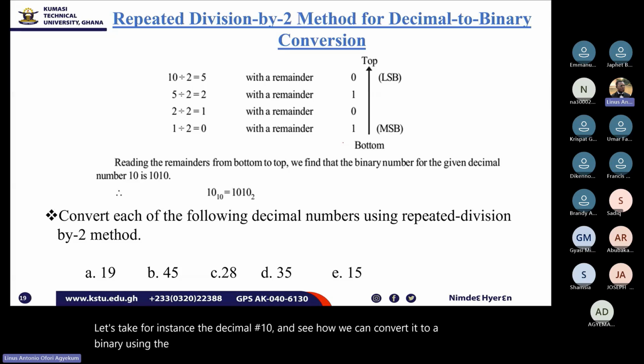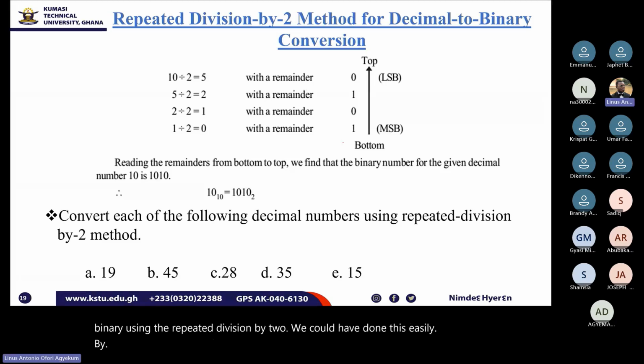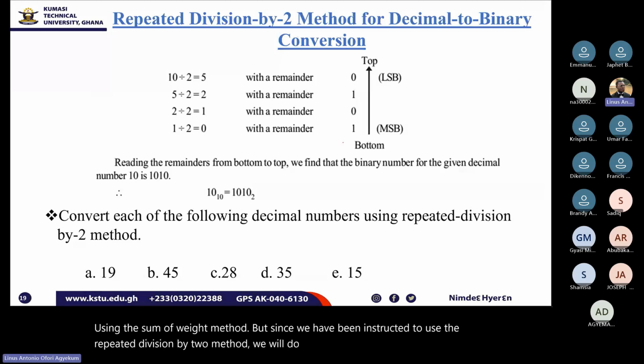We could have done this easily using the sum of weight method. But since we have been instructed to use the repeated division by 2 method, we will do that example for you to see.